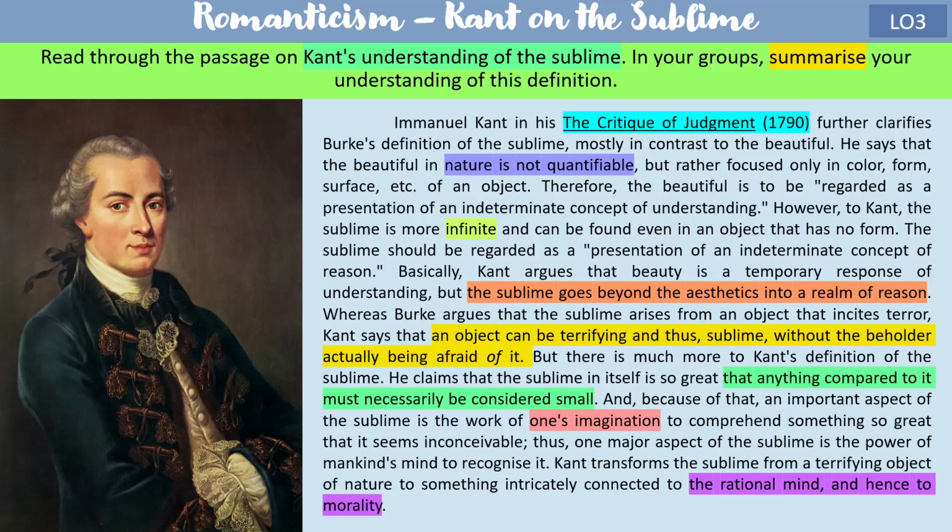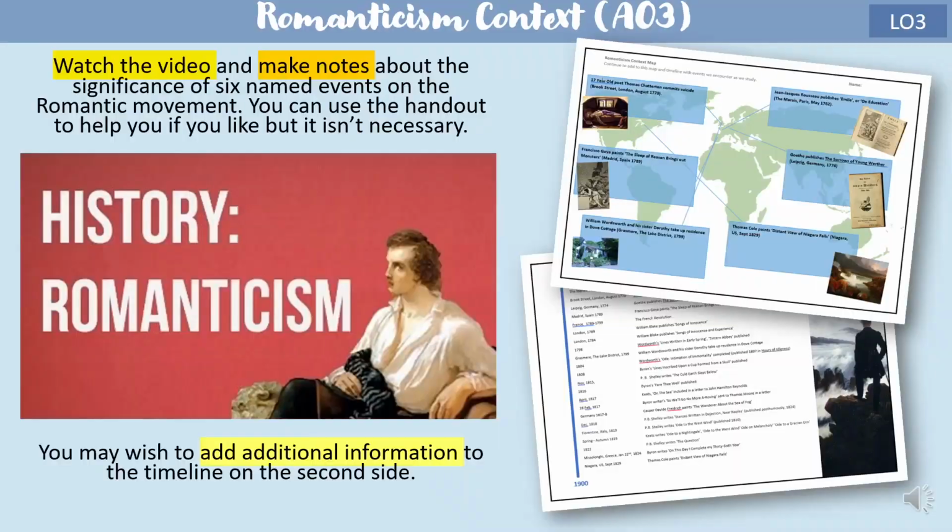And because of that, an important aspect of the sublime is the work of one's imagination, to comprehend something so great that it seems inconceivable. Thus, one major aspect of the sublime is the power of mankind's mind to recognise it. Kant transforms the sublime from a terrifying object of nature to something intricately connected to the rational mind and hence to mortality.